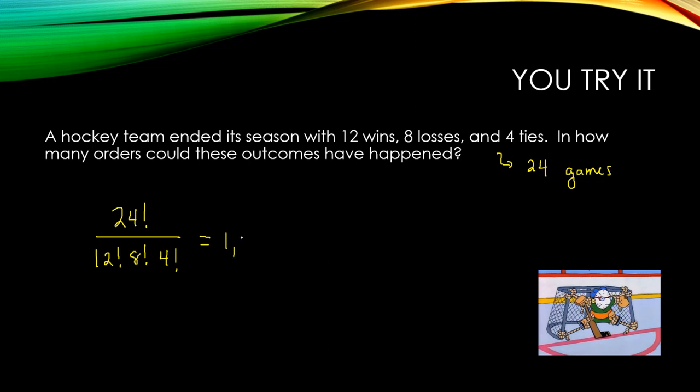It is over a billion different ways their season could have played out, which is pretty interesting. 1,338,555,220 different orders.